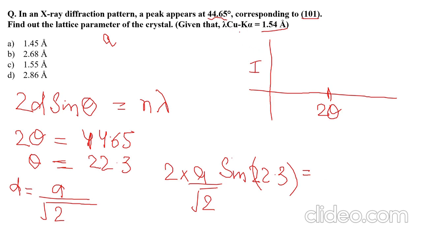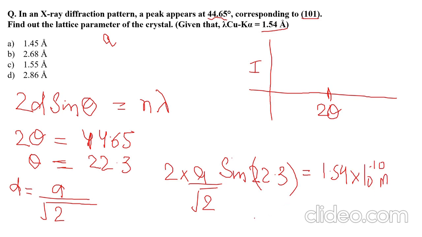See, in your previous question you had to find the wavelength that you have to utilize to find a certain plane. Here you are already given the copper. Copper is the source from where you are emitting a certain wavelength, which is 1.54 angstroms. So using this wavelength you are able to determine a diffraction pattern for a metal with a lattice parameter of A. So here the wavelength is 1.54 multiplied by 10 to the power minus 10 in meters.